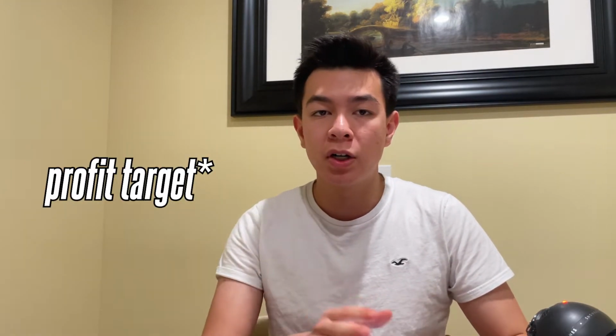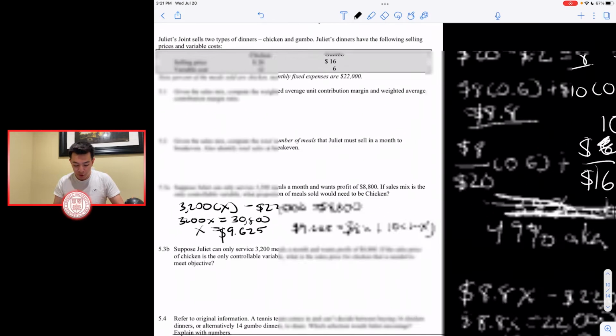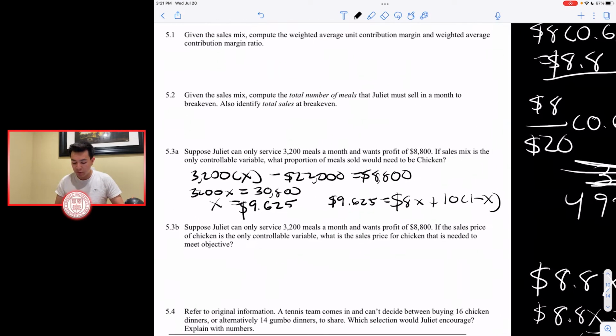We have to change it in order to meet our profit target. We have to sell more jumbo meals compared to chicken meals because jumbo has a higher CM. We're making more money per meal sold. Just to clarify, we can use X twice because the jumbo percent and the chicken percent add together to 100%. That's why we can have X here and 1 minus X here.